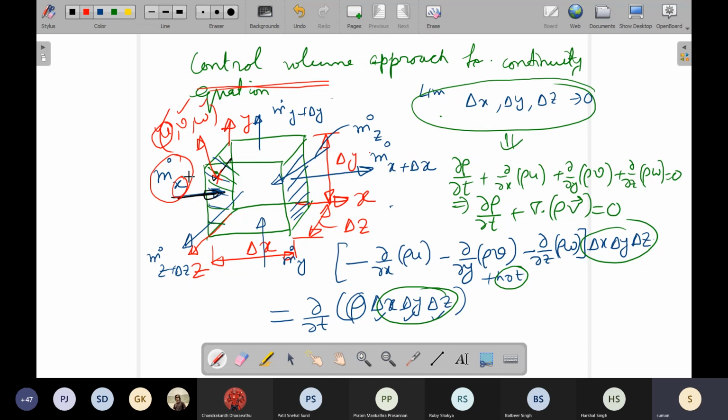The second point is that by having such a Cartesian description with mutually independent coordinate axes, we could actually decouple the calculations of flow rate along x, y, and z.